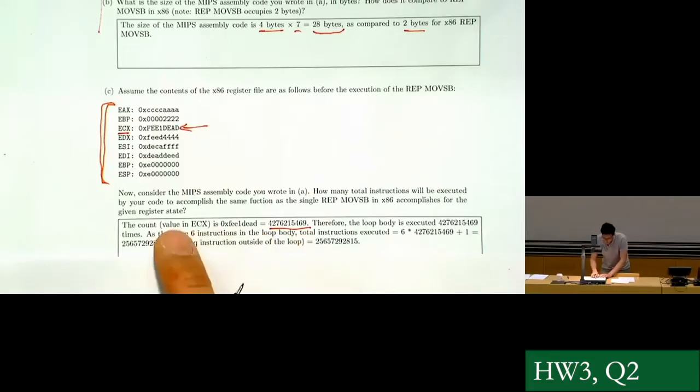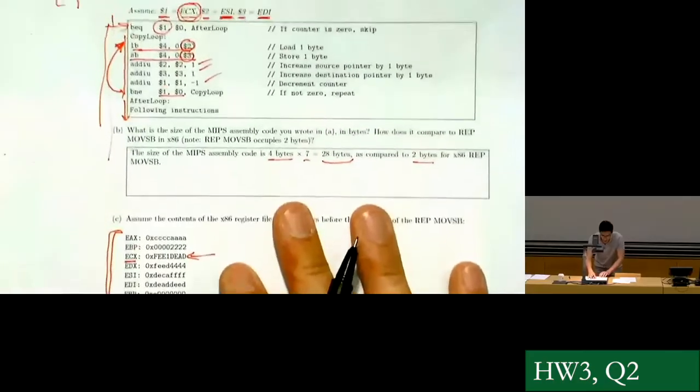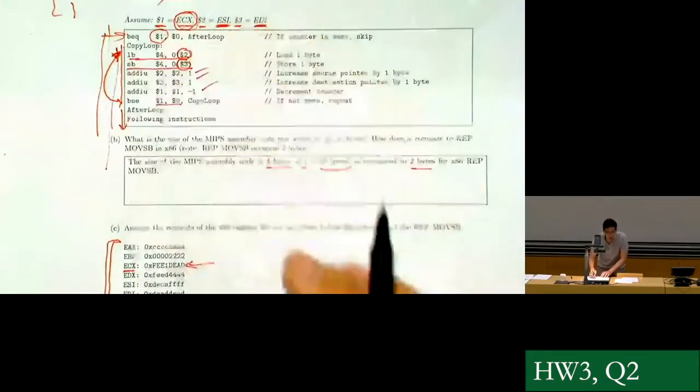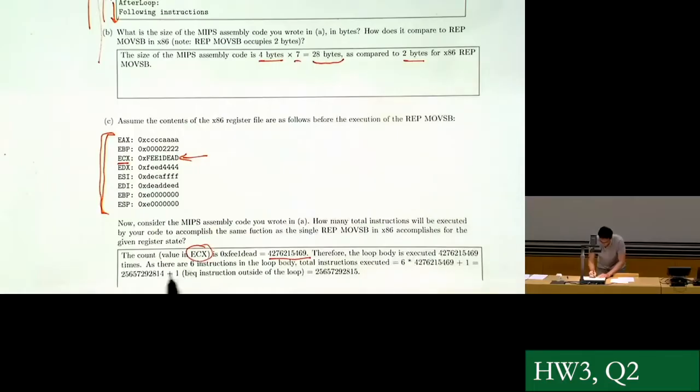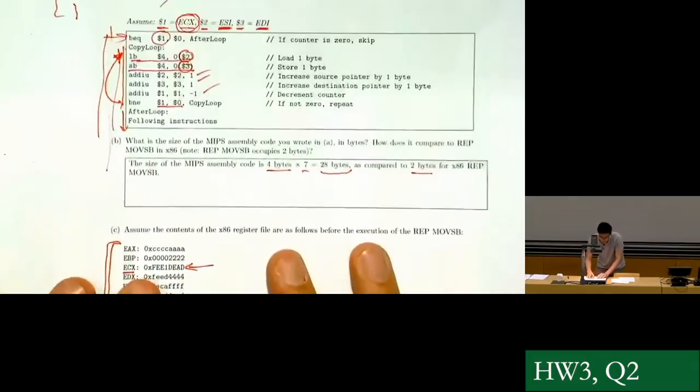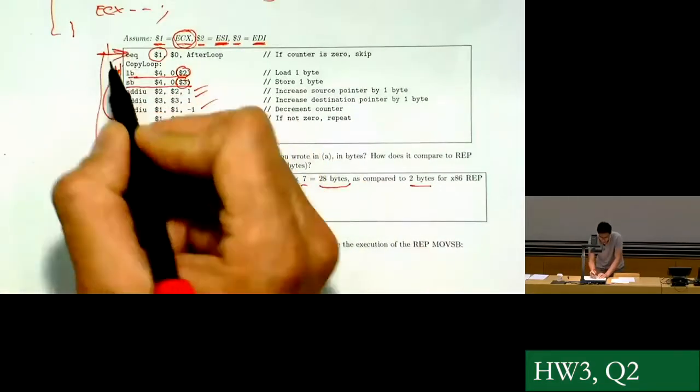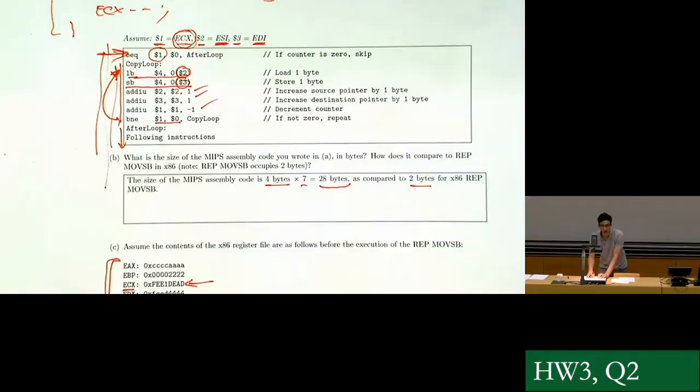Because this ECX register tells us the number of times that this loop is going to be repeated, the total number of bytes that we are copying, and the body of the loop has 6 instructions, the total number of instructions executed in this case is 6 times the value of register ECX, plus 1, because remember that in the beginning of the code we had this BEQ instruction.